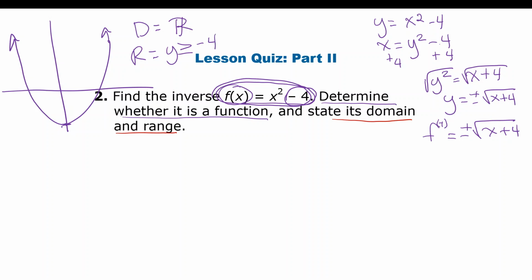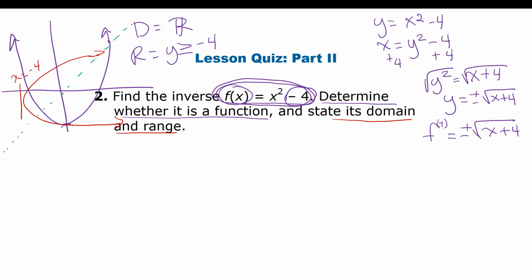All right, so now we have to talk about the inverse. So let's talk about what our inverse is going to look like. Our inverse, remember, is going to be a reflection across this line here, our y equals x line. So our new inverse parabola is actually going to be something more like this. This is what our new inverse form is going to look like, and this is actually at x equals negative 4.